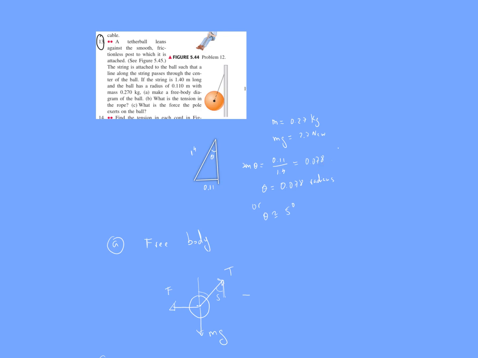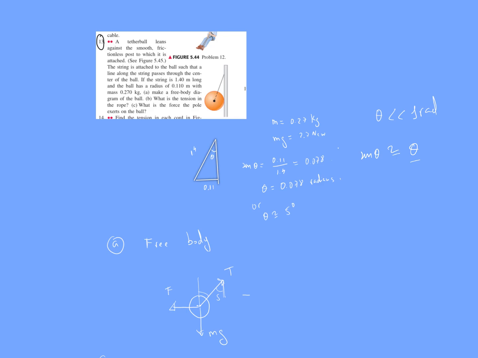0.078. When theta is very small, smaller than 1 radian, sine of theta is more or less equal to theta. So theta is almost sine of theta.